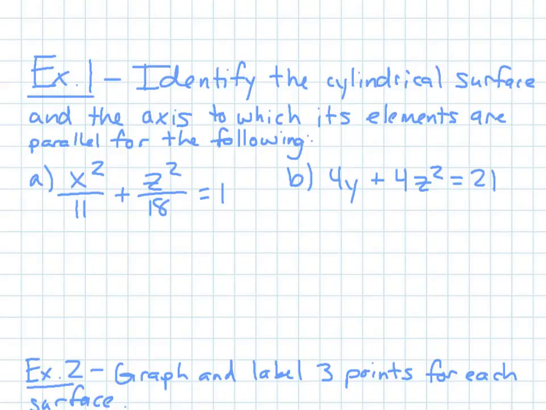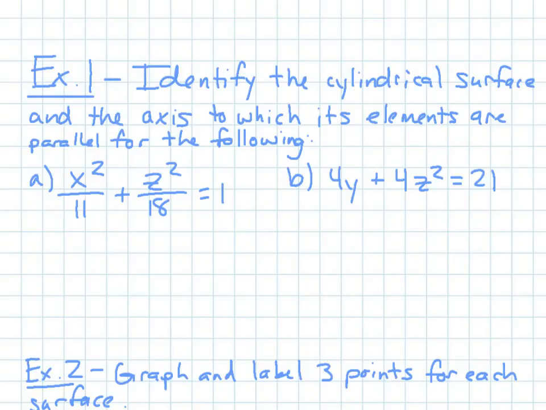Example 1 wants us to identify the cylindrical surfaces, and the axis to which its elements are parallel, for the following. So we need to identify what kind of surface it is, and then which axis it's parallel to. Looking at this, I have x squared plus z squared.